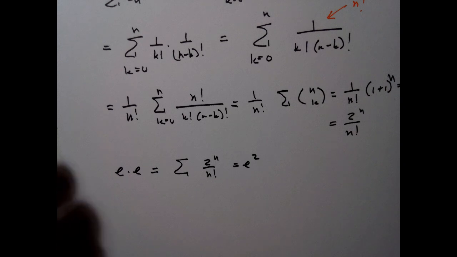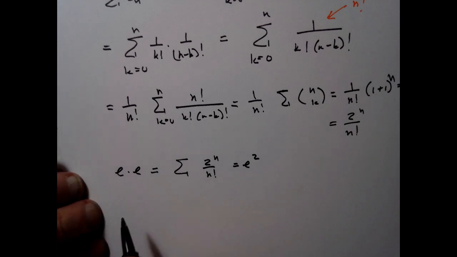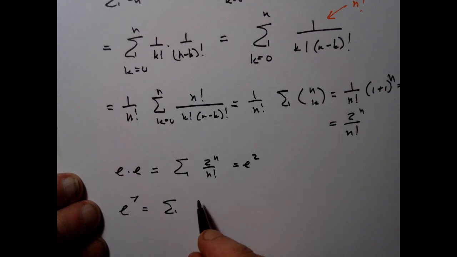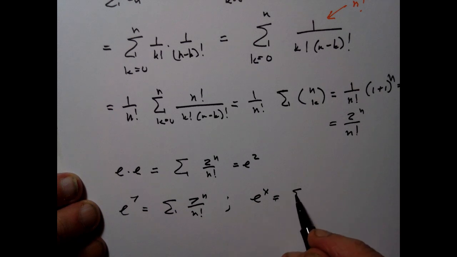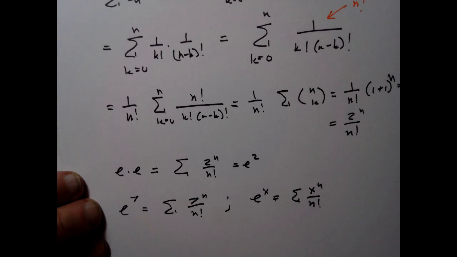Cool? Okay. Guess what the power series for e to the power 7 is? Well, it's equal to the sum of 7 to the power n divided by n factorial. And guess what the power series for e to the x is? Well, this is equal to the sum of x to the power n divided by n factorial.